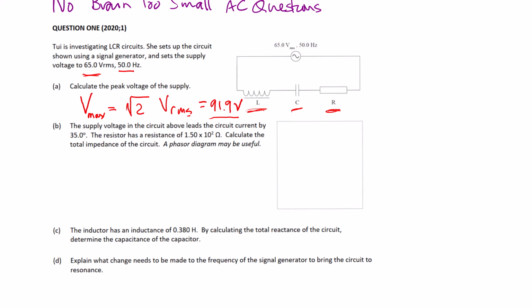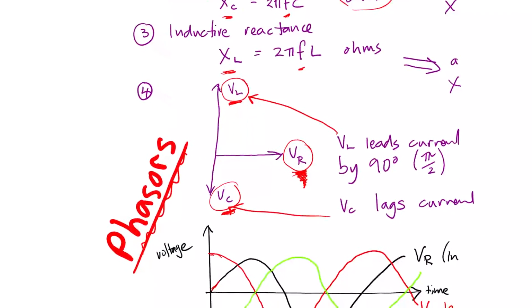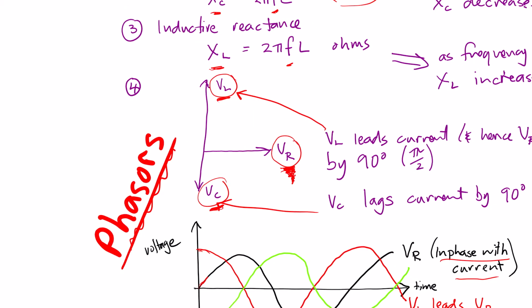Okay, part B. The supply voltage of the circuit above leads the circuit current by 35 degrees. So let's have a look at our phasor diagram. That's this one here. The voltage across the inductor is always 90 degrees ahead of the voltage across the resistor, which again is 90 degrees ahead of the voltage across the capacitor.